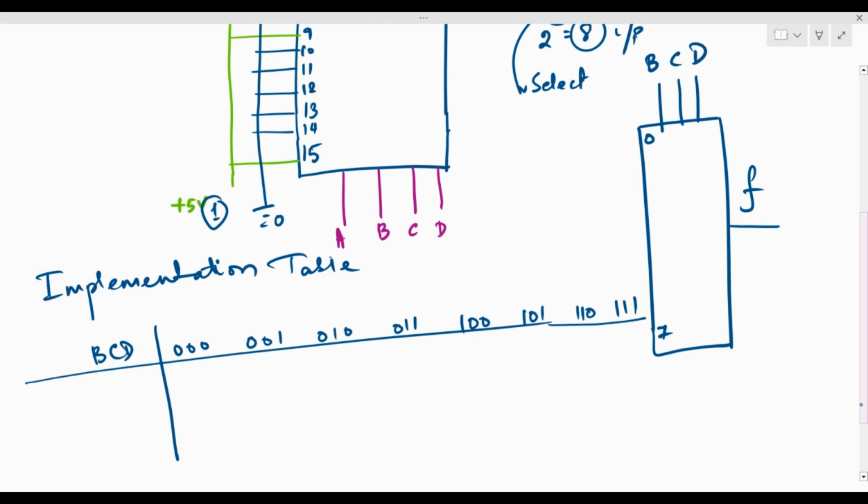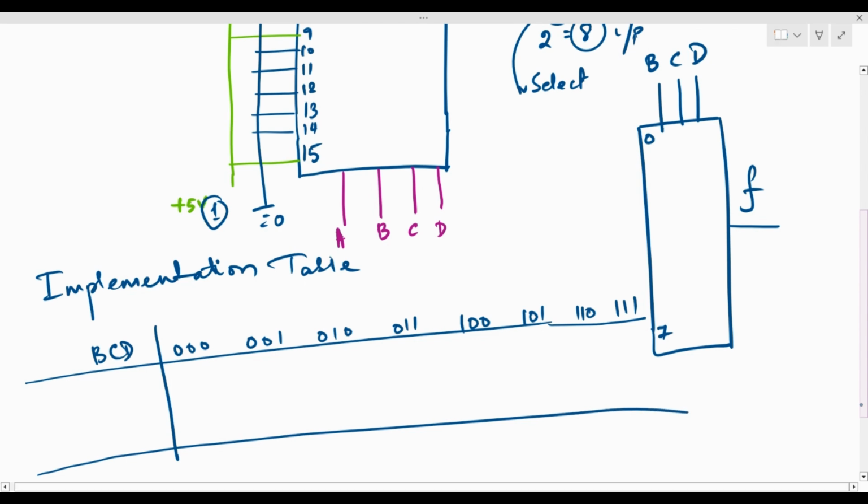For all of these combinations, it is going to choose some particular input. So when it is 000, it is going to choose I0. For 001, it will choose I1, I2, I3, I4, I5, I6, and I7. So these are the select lines.